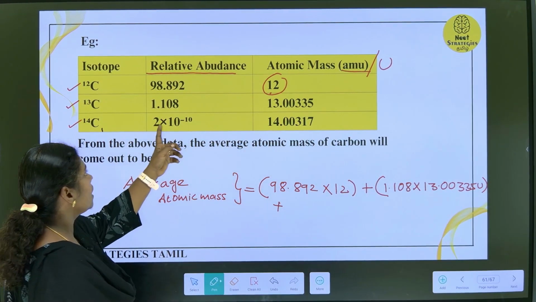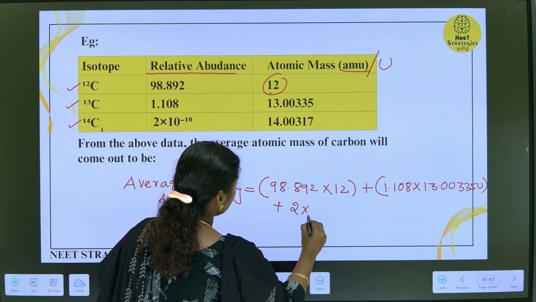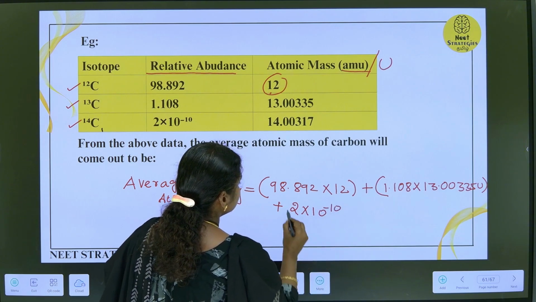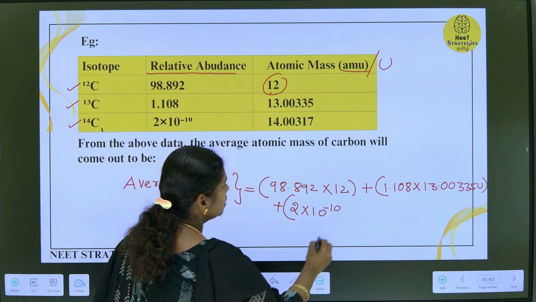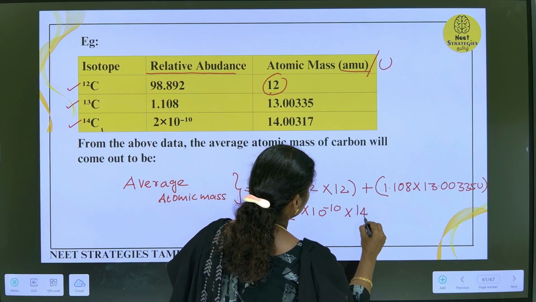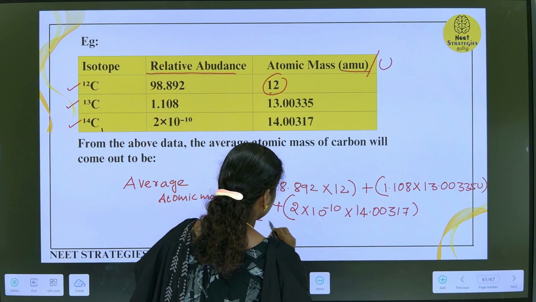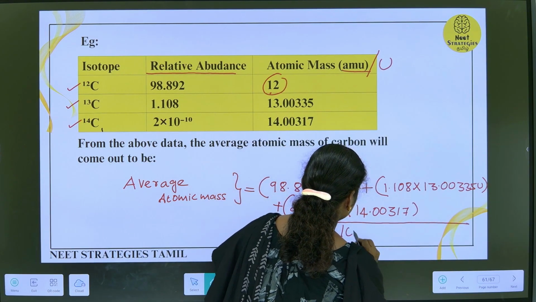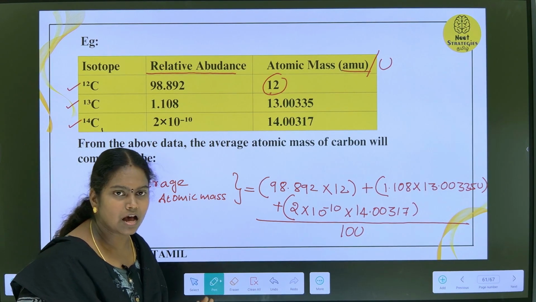Third one, how much percentage, 2 into 10 power minus 10, very low, into 14.00317 upon 100.